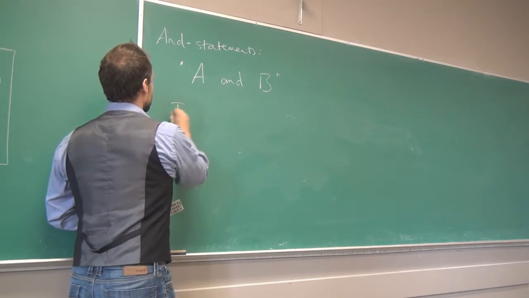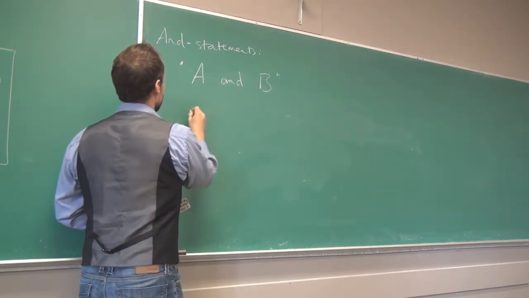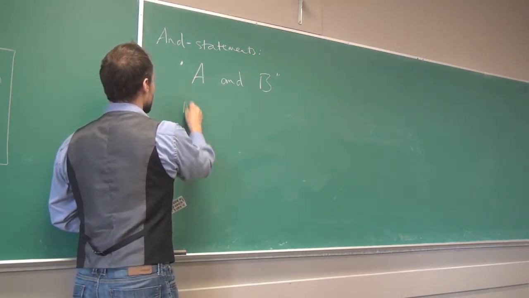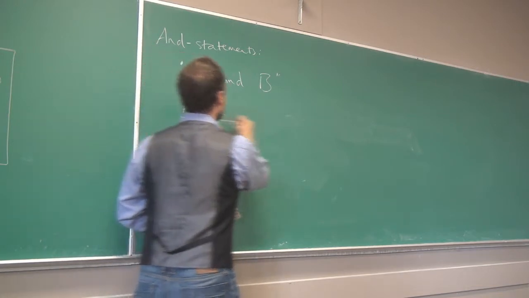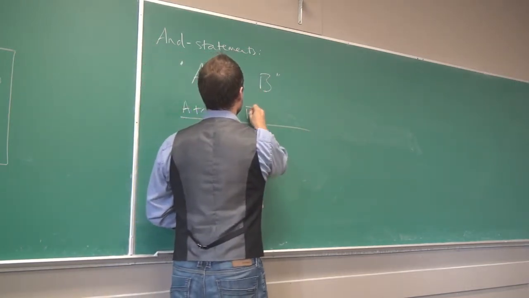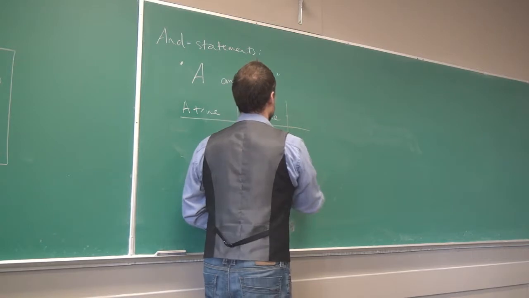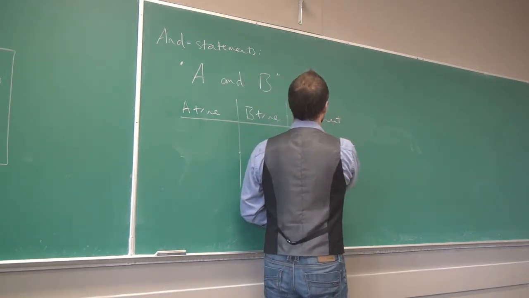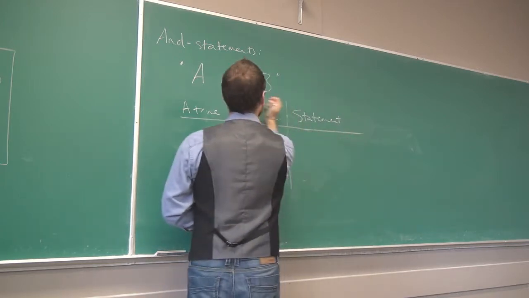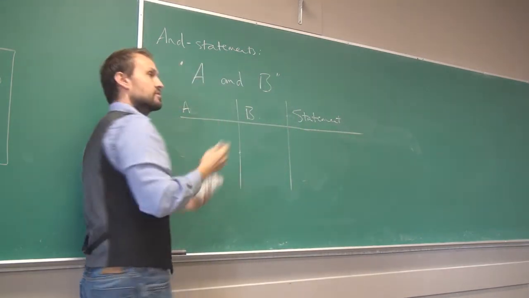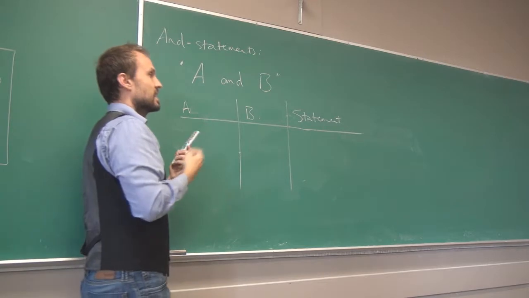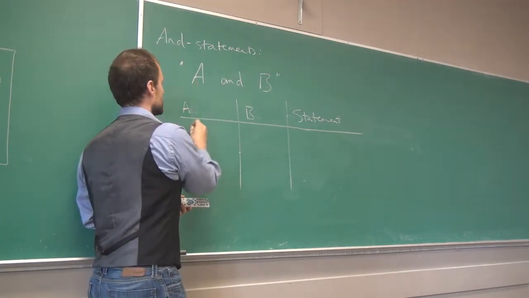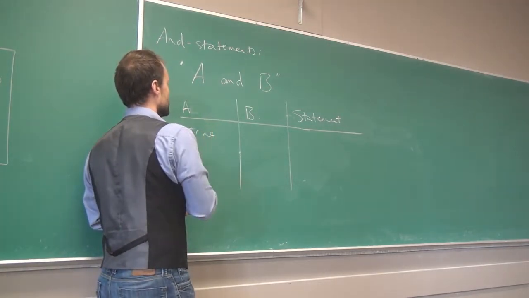So let's say it like this. A true, B true, the whole statement, or let's say it like this, A, B. In my first situation, I said I had a remote in my hand, so that was true.